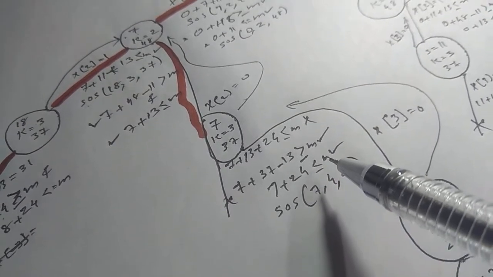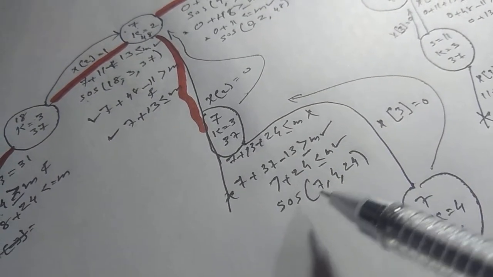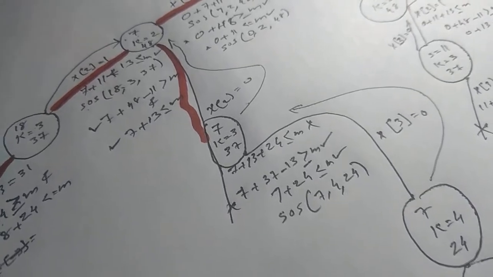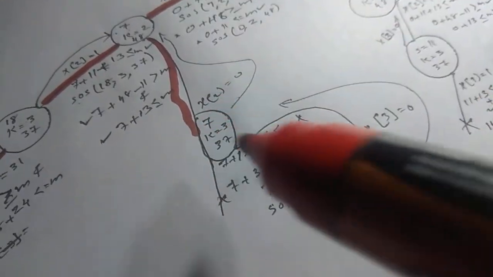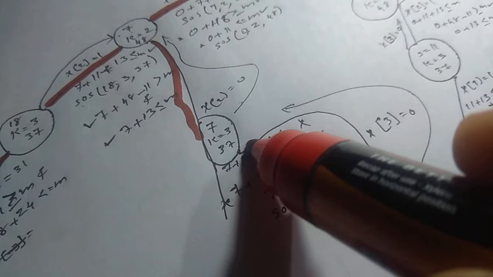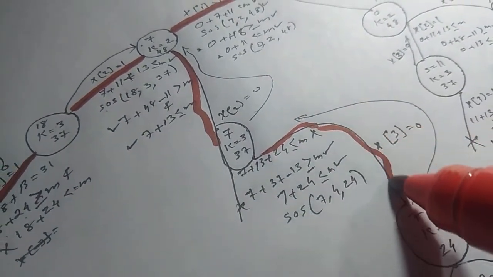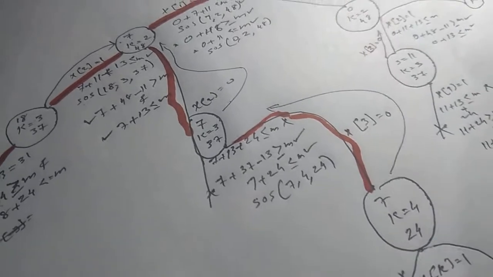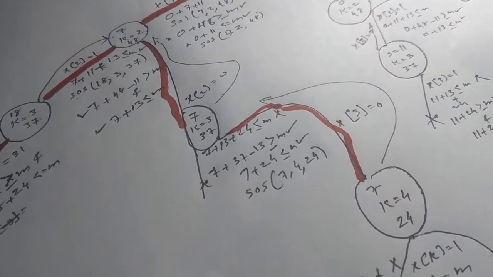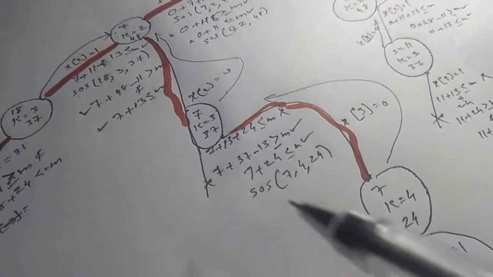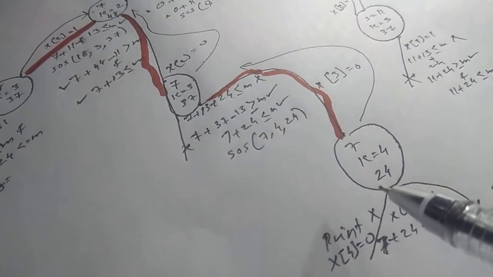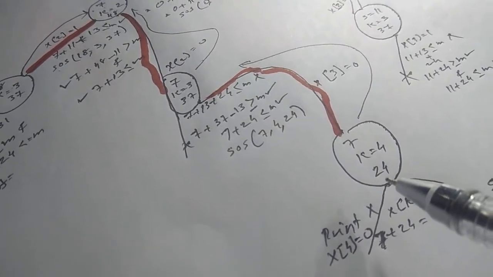So it has to generate the right child. So it is generating this link, and this one, with sum equal to 7, k equal to 4, and remaining sum equal to 24.